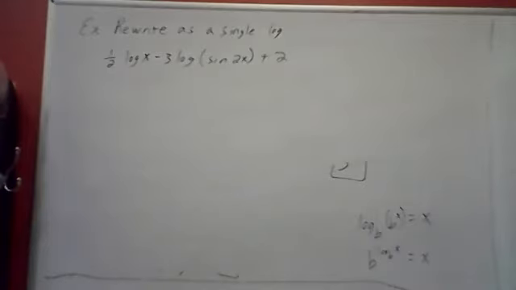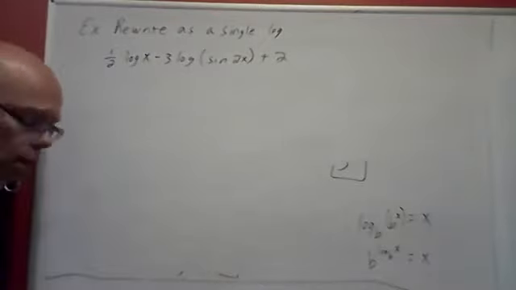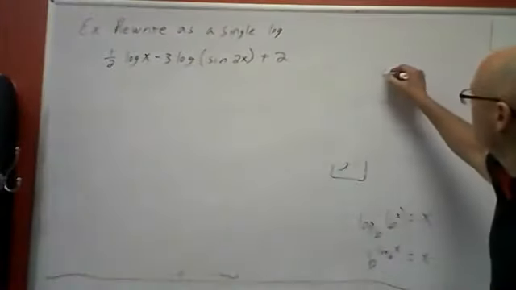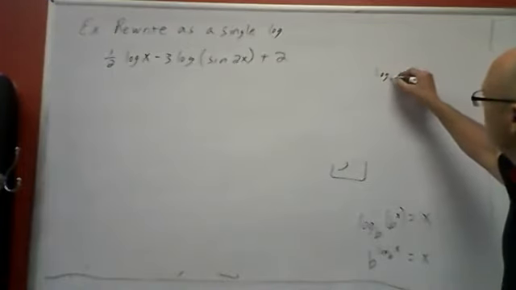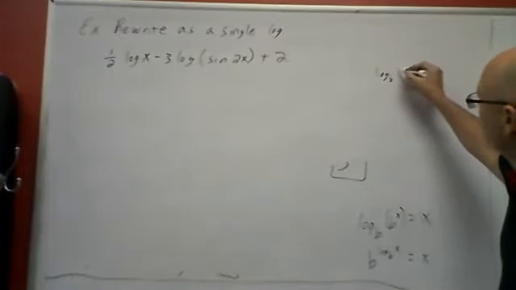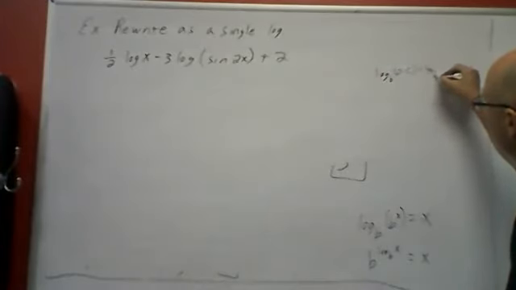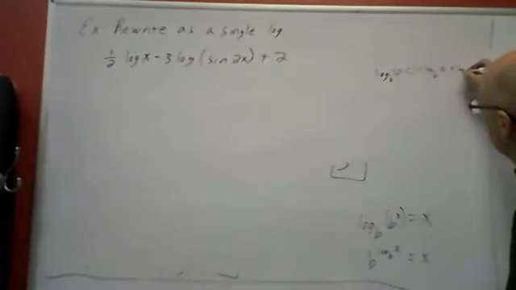All right, so I want to write that as a single logarithm. Let me use those properties I had earlier up here on the board. We had something like the log base b of a times c was equal to the log base b of a plus the log base b of c, right?